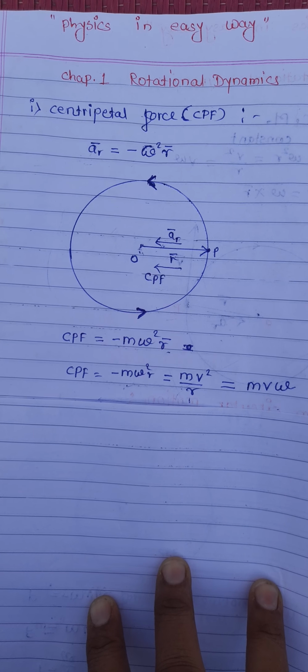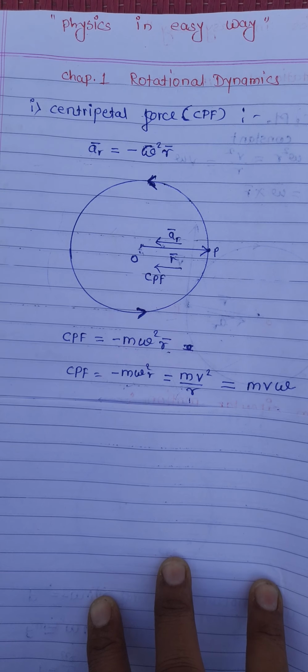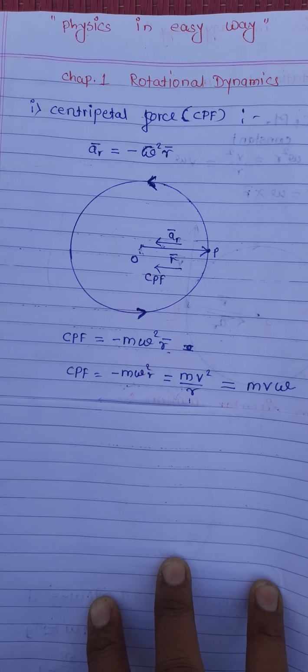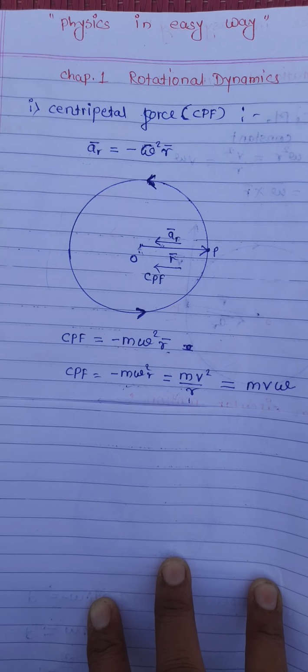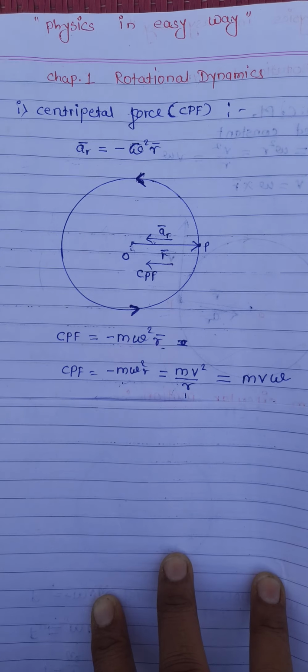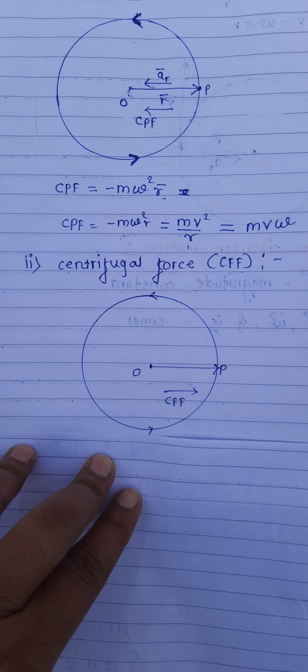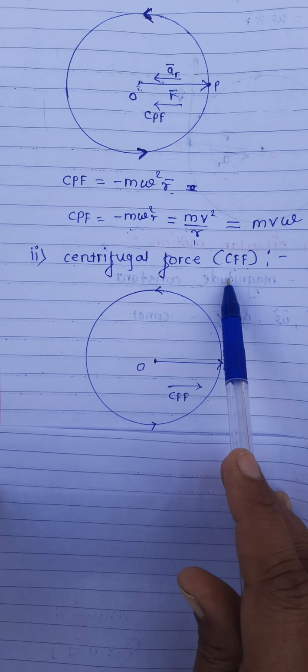Another main point is that a center seeking force does not always result in circular motion. For example, SHM. In SHM, there is again a center seeking force, but it cannot give circular motion to the particle. Next type of force is the centrifugal force.